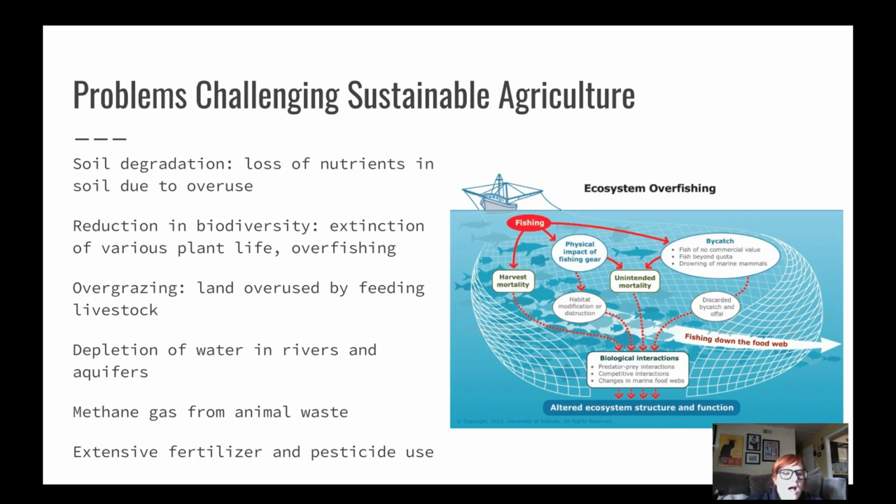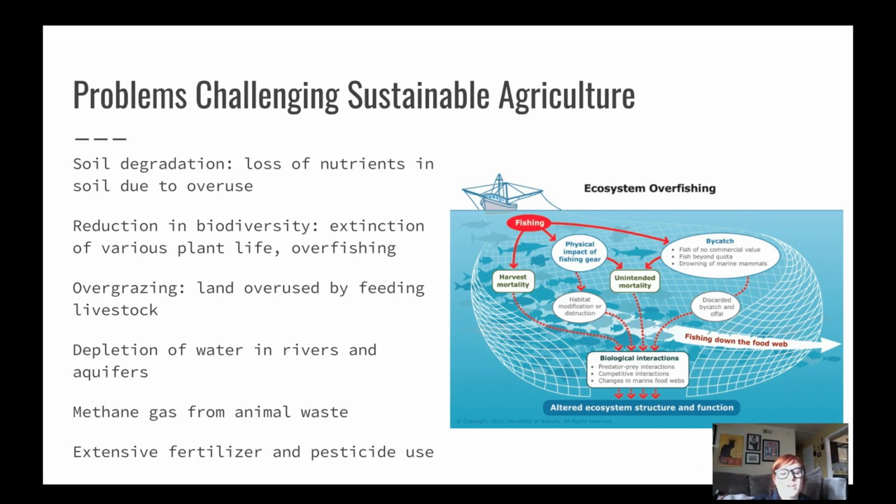But anyways, we are also dealing with a reduction in biodiversity, so the extinction of fish types and plant life over time. Lots of overgrazing is happening. Livestock is great for meat, but you have to feed that livestock, and lots of cows on a piece of land is not good for that piece of land, basically.